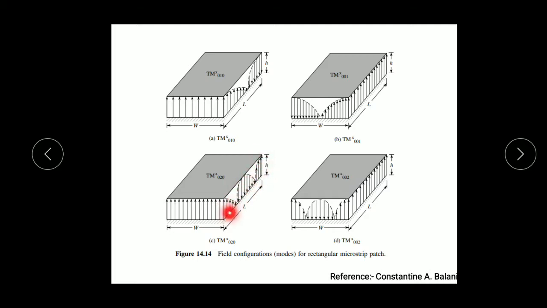So the total is 2 into lambda by 2, so we say 2 equals two half wavelengths along the L direction. Similarly in the W direction, this portion represents lambda by 2, this portion represents lambda by 4, and this portion represents lambda by 4. So in total, two half wavelengths.